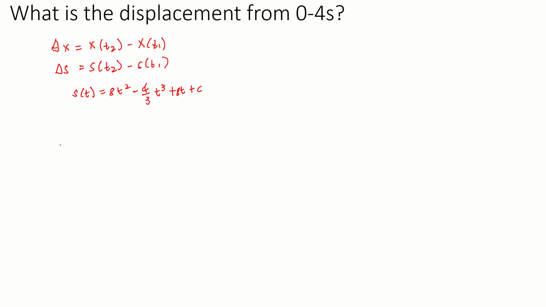Okay? So let's try. Change in s. Let's use different colors later. So s of t sub 2: you have 8 times, the time 2 is 4, right? 4 seconds, 4 squared minus 4 thirds, 4 cubed, plus 8 times 4 plus c.